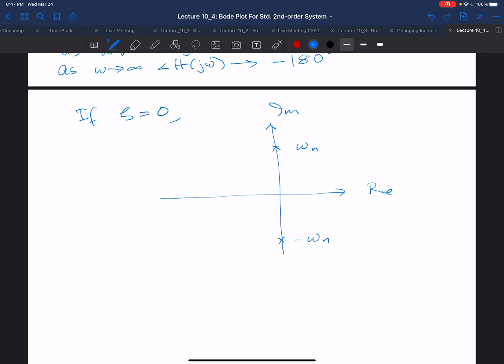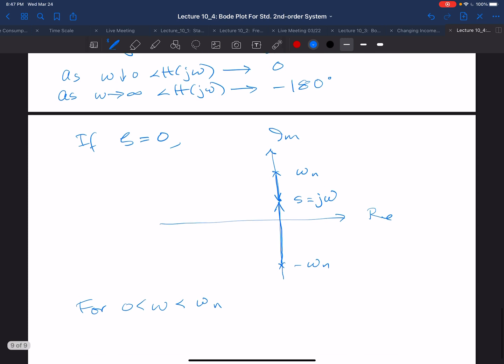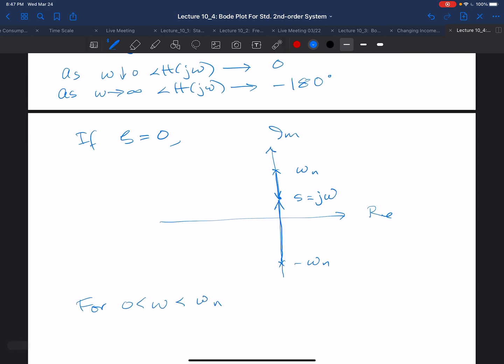Okay, now consider again a point s equals j omega. What do our two phasors look like in that case? The phasors start from the poles and go to this point s equals j omega. So for omega greater than 0 but less than omega n, we have one phasor pointing up and the other phasor pointing straight down, because omega is less than omega n, so the point s equals j omega lies below the pole at plus omega n.